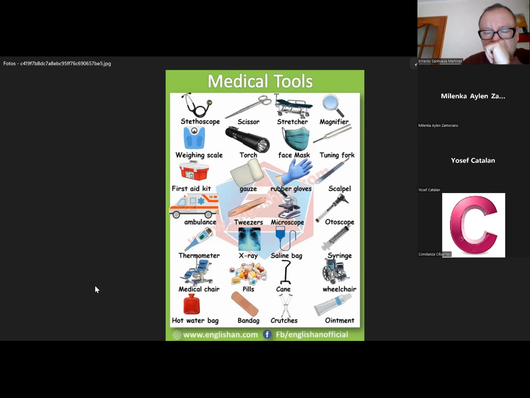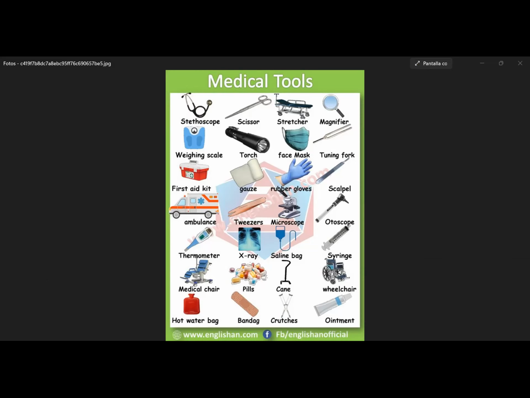Milenka. Administrar, no sé cómo decirlo, como ingresar. To administer saline to the patient.